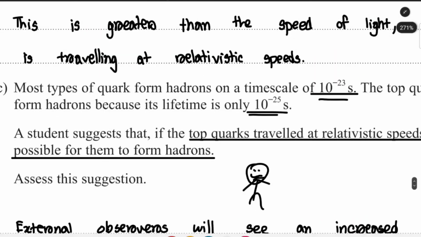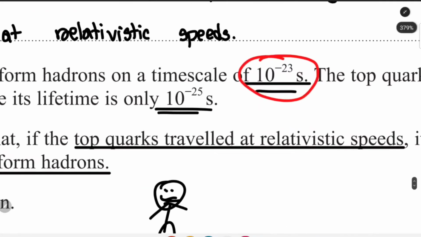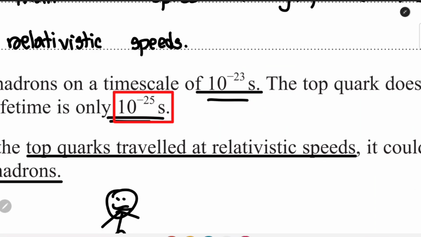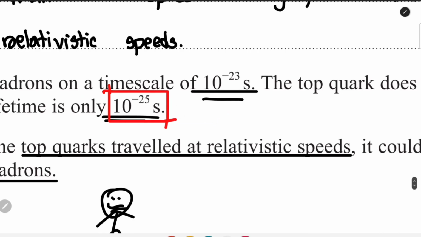So the main issue is that it takes 10 to the power minus 23 seconds to form a hadron, while the top quark only has a lifespan of 10 to the power minus 25 seconds. Now, even if it's moving at relativistic speeds, the lifespan according to the quark's own perspective is still 10 to the power minus 25 seconds.